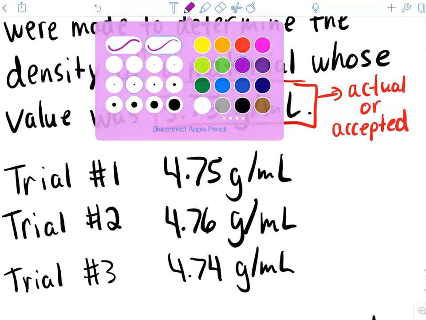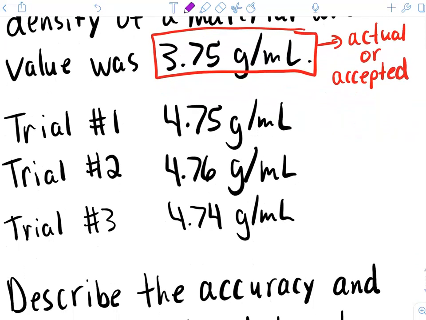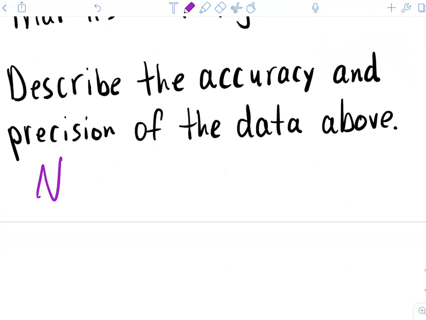So now, whenever I am thinking about this, if I look at 4.75, 4.76, and 4.74, they are nowhere near 3.75. So that means that this is not accurate.